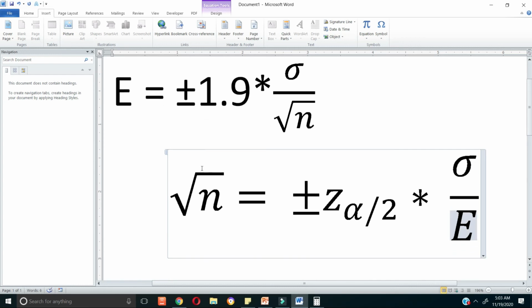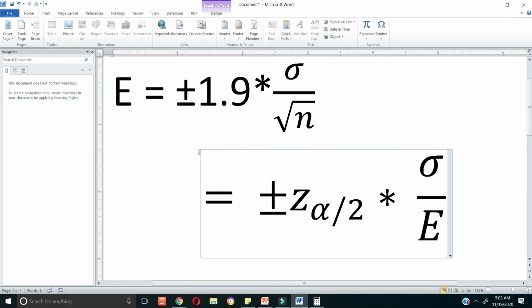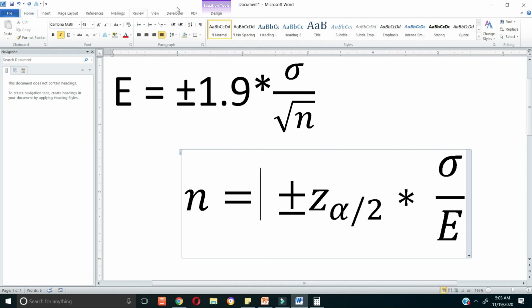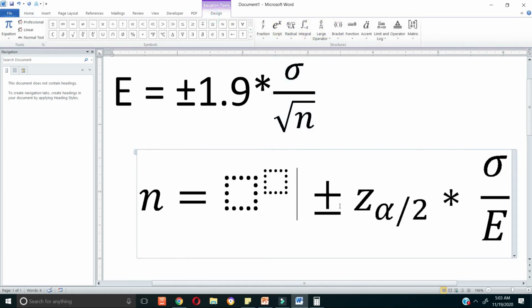But remember, what we actually want is n. So if what we want is n, then this is going to be equal to the square of everything on this side, right?